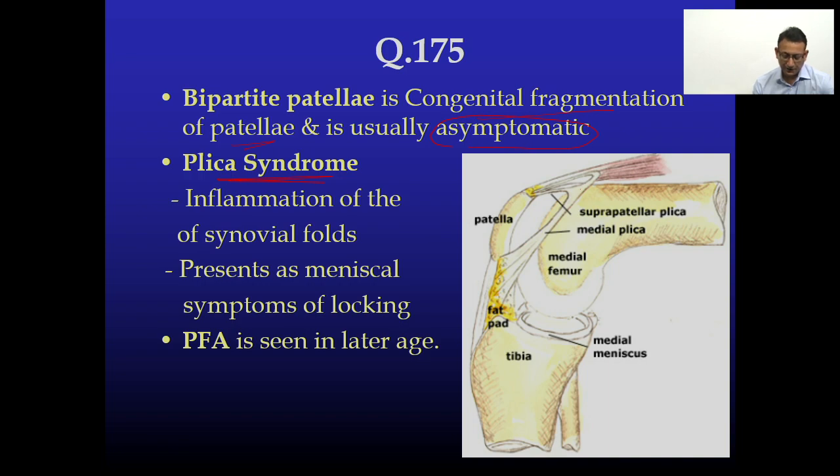If these synovial folds get inflamed, that leads to plica syndrome, where the patient usually presents with meniscal symptoms like locking or pain on extremes of bending. Patellofemoral arthritis, as we have already discussed, usually occurs in elderly patients.